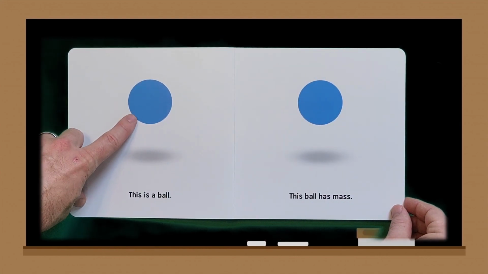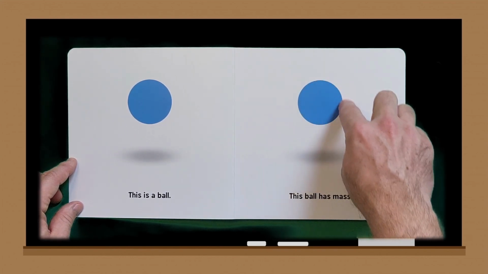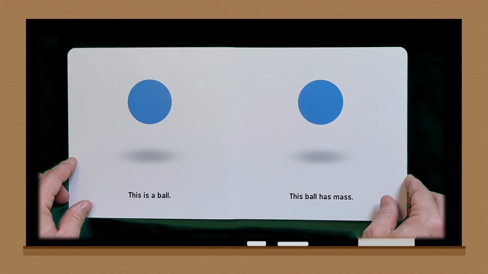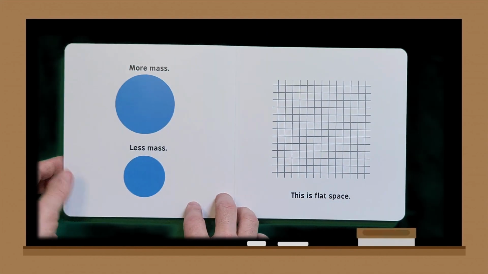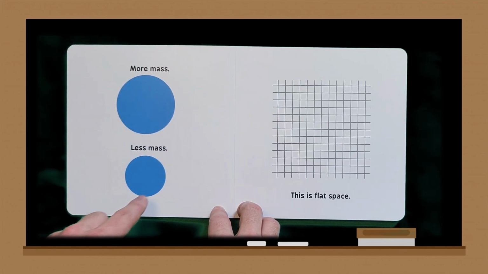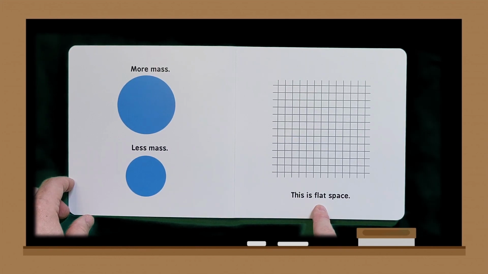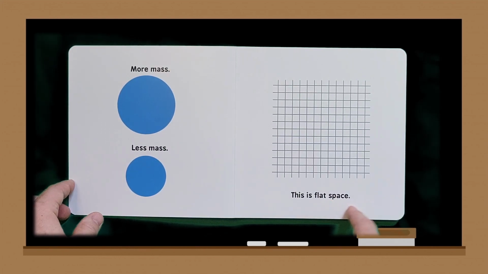This is a ball. This ball has mass. More mass, less mass. This is a flat space.